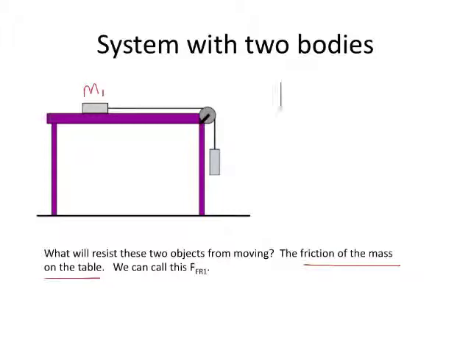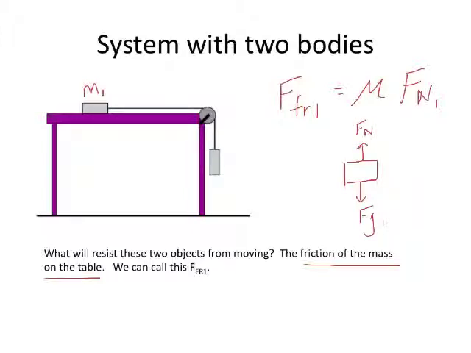And to find force of friction 1, you'll need to use your force of friction equation, except it's going to be the normal force of mass 1. So if you think about mass 1, we've got Fg1, and it's sitting on a table that's horizontal, so that'll be Fn1, and they'll be equal to each other. So really, Fn1 is equal to Fg1, which you can calculate by getting mass 1 times gravity.